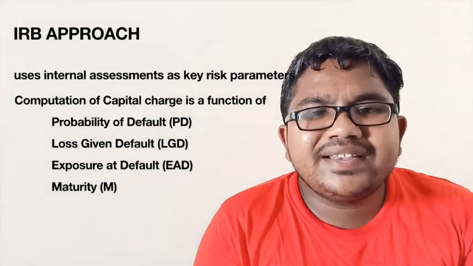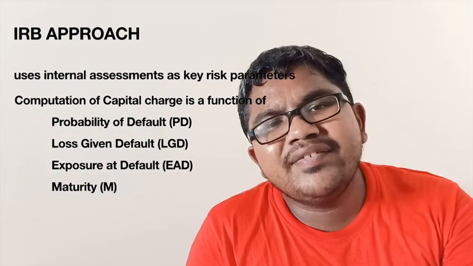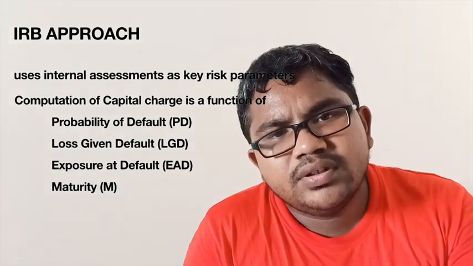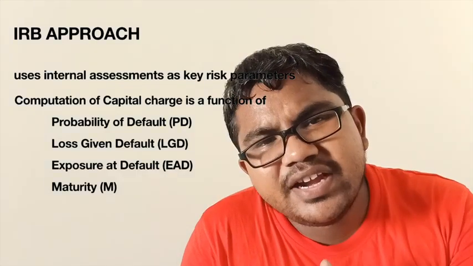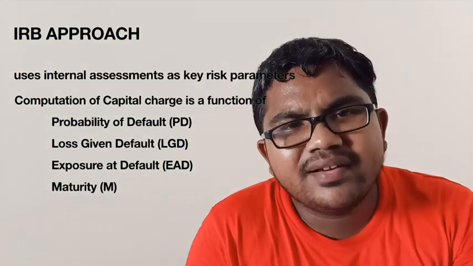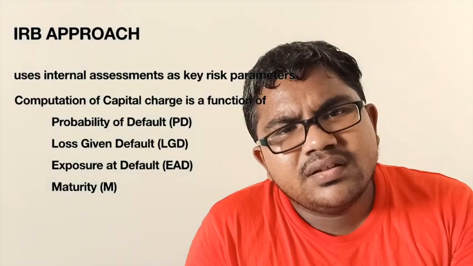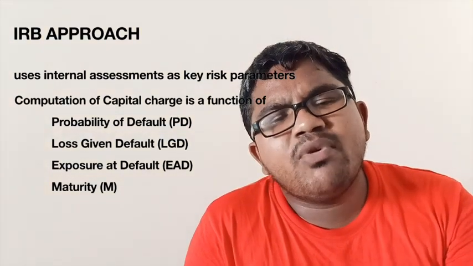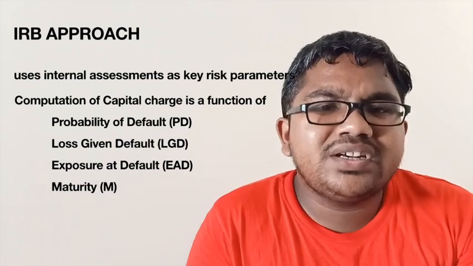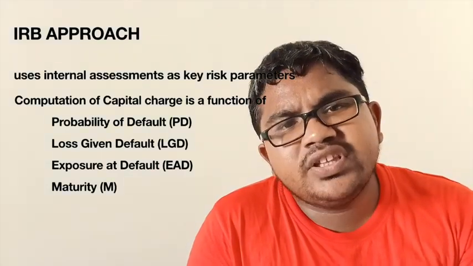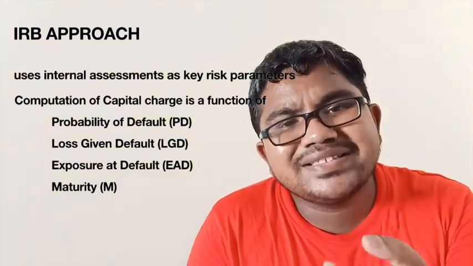So that is called loss given default. If an account becomes NPA and the borrower becomes a defaulter to the bank, then how much amount of loss a bank can incur can be specified with the help of a parameter called loss given default.